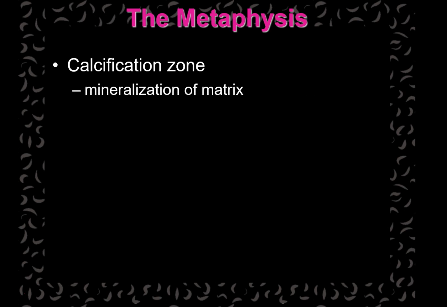Mineralization of the matrix, calcification of the matrix between these columns of cells takes place. This is temporary, it's going to get broken down, but that's what led to those cells dying, right? And once they're dead and calcified, now we're going to change the calcified matrix into bone tissue, right?